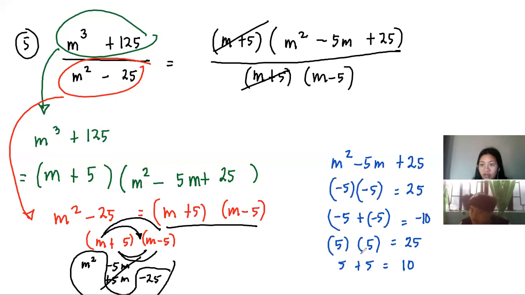Hindi na. So, ano na yung answer natin? The final answer is m squared minus 5m plus 25 over m minus 5. Okay?